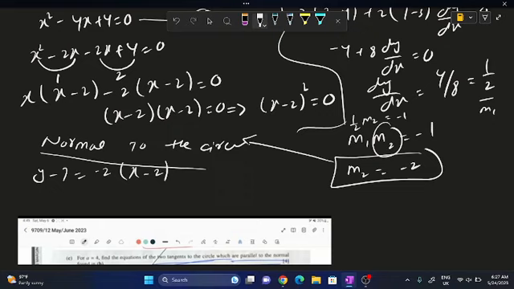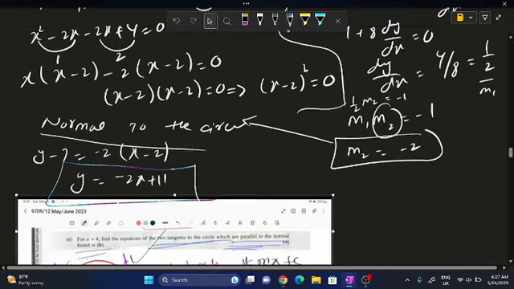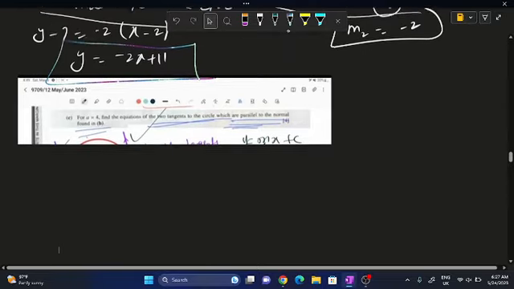Do the simplification, just multiply and group similar terms together. Here y would be minus 2x plus 11. So your required answer would be y equals minus 2x plus 11. That's all about question number 10, part B.